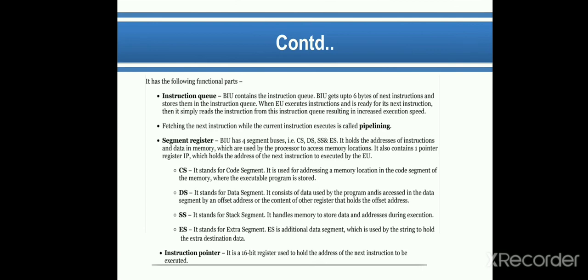It handles memory to store data and addressing during execution. After that, ES means extra segment. ES is an additional data segment. As the name suggests, it is an additional data segment which is used by string operations to hold the extra destination data.